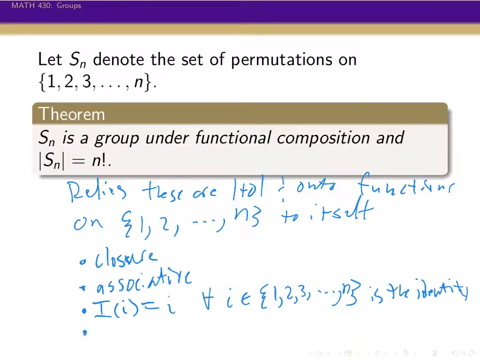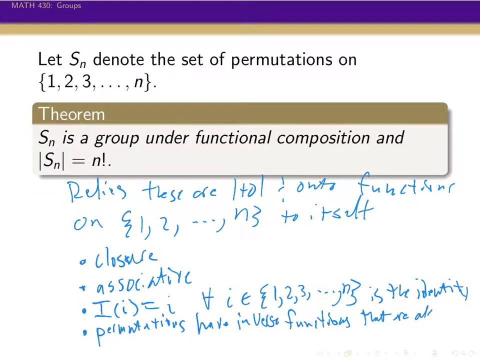And so permutations have inverse functions that are also permutations. These inverses are just the inverse functions in the normal sense, and because permutations are 1 to 1 and onto, their inverses are also 1 to 1 and onto, so they are also permutations.